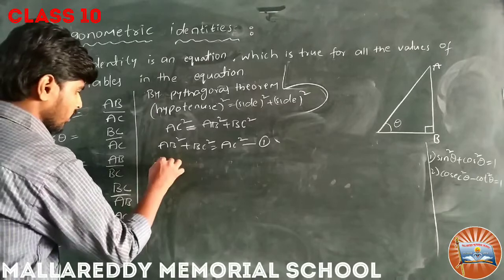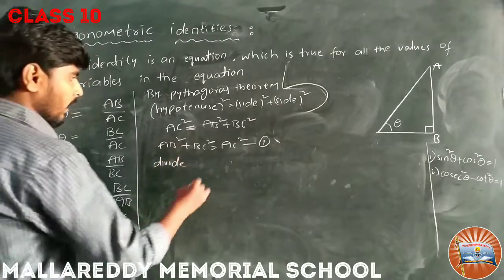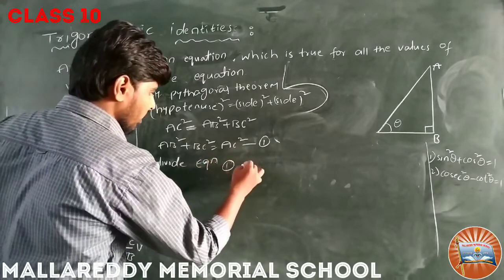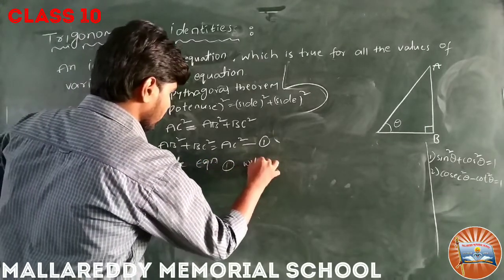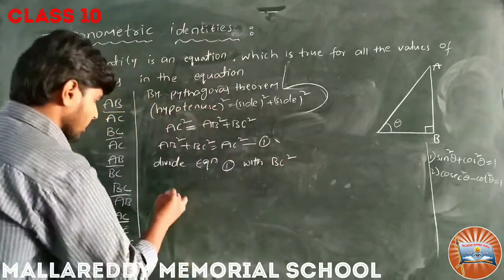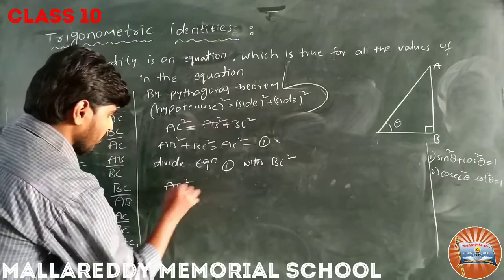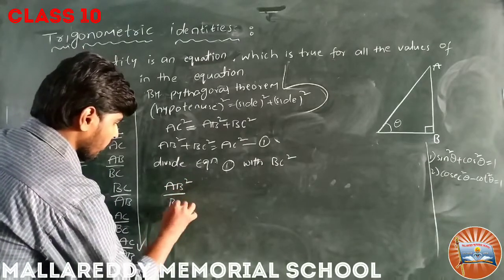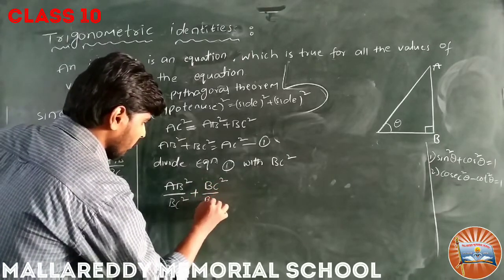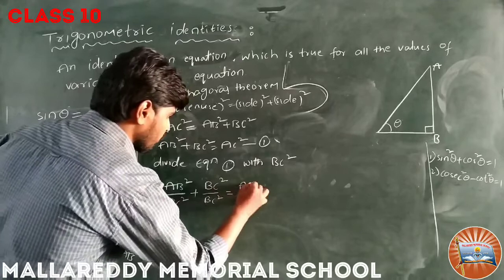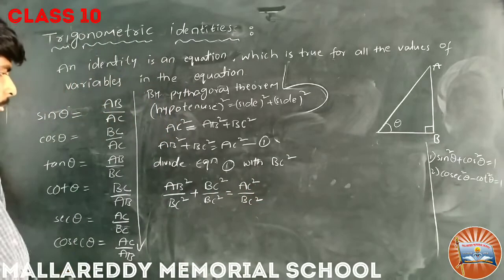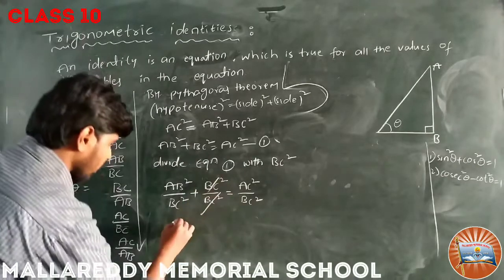Next, divide equation 1 with BC square. AB square by BC square plus BC square by BC square equals AC square by BC square. This 2 gets cancelled.